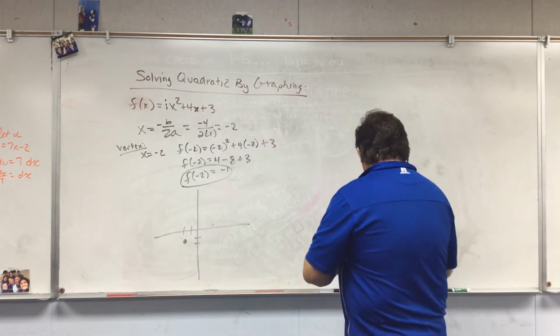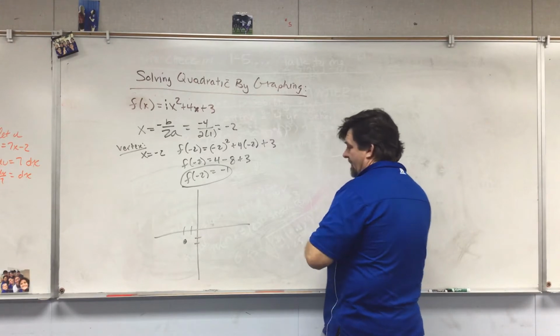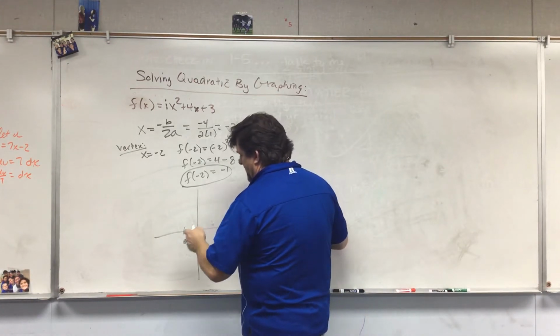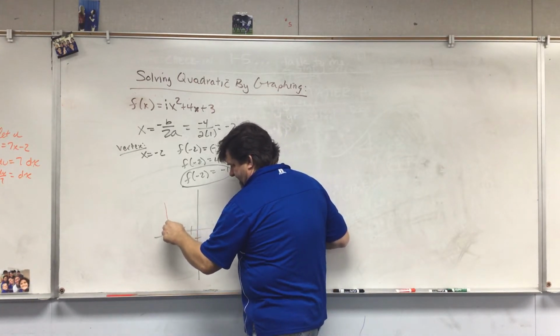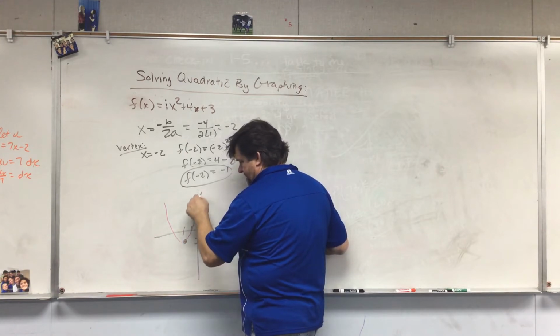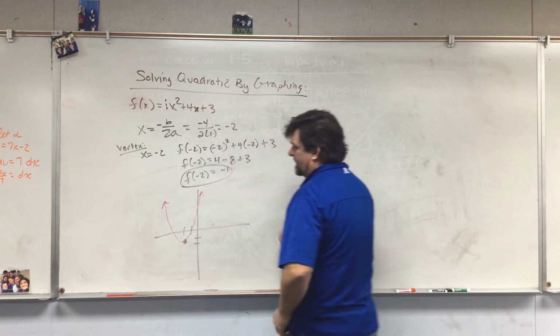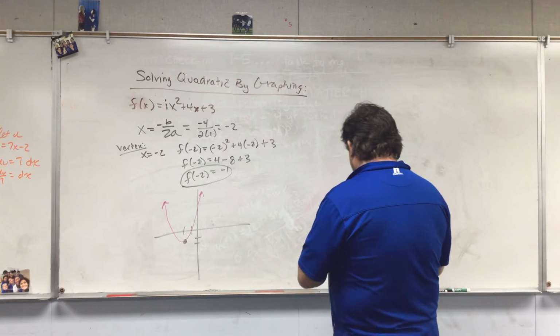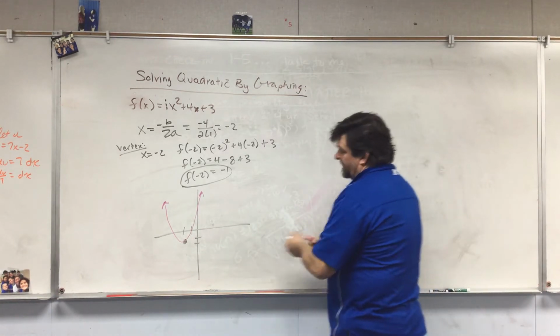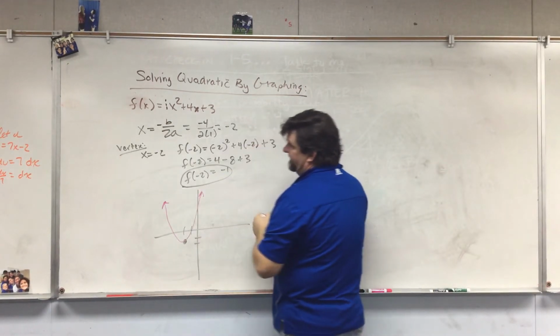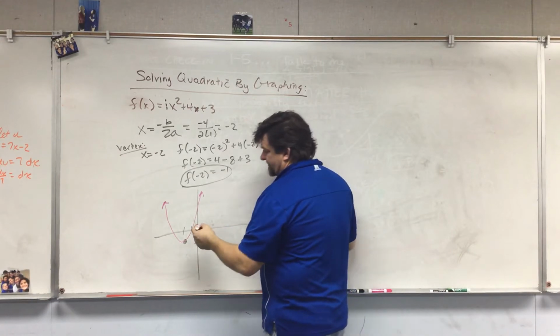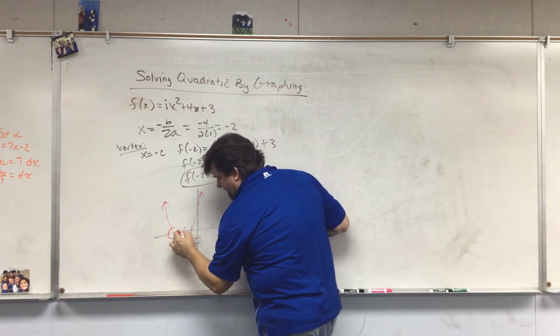Now, this thing is going to make some sort of curve like this. The reason it goes up is because A is positive. So our solutions are going to be right here.